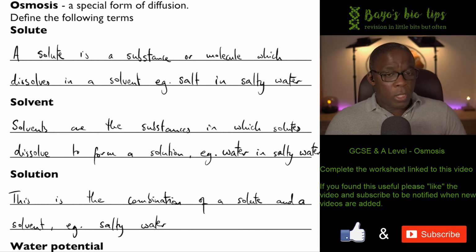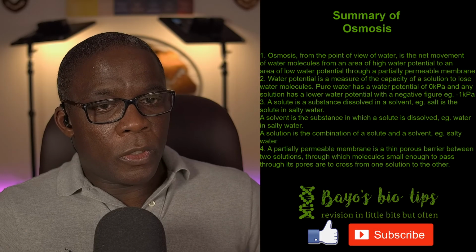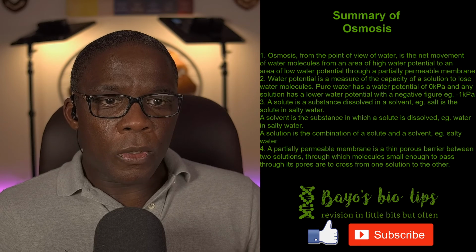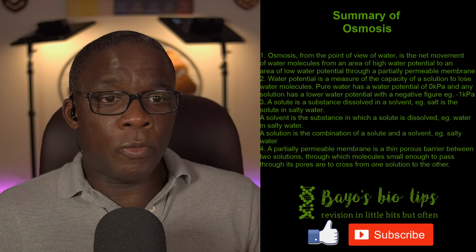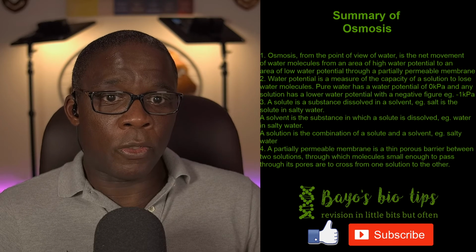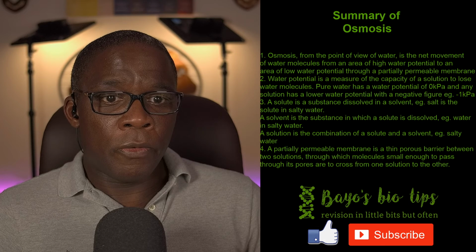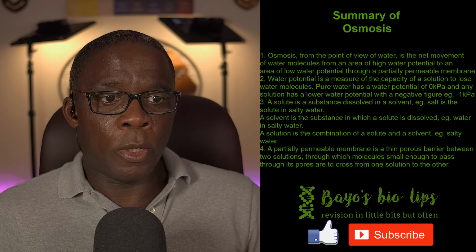So let's have a quick recap of what we've done so far. So here's our summary of osmosis. From the point of view of the movement of water, it's the net movement of water molecules from an area of high water potential to an area of low water potential through a partially permeable membrane.